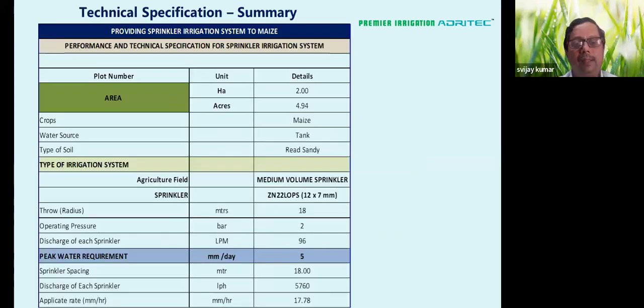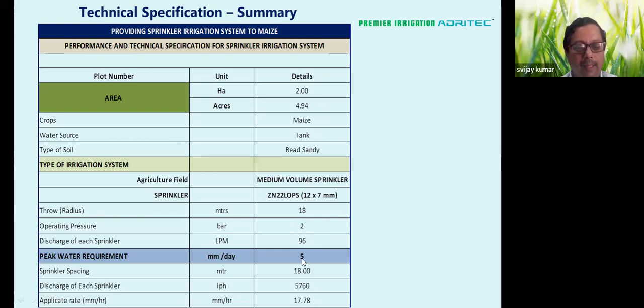To do this calculation, you need not worry. Actually, an Excel sheet is there, and every detail will be there. In the Excel sheet, you just need to punch in the data. You have the area, the area of 2 hectares. What is the crop? What is the type of soil? What is the kind of sprinkler that has been suggested? What is the throw radius? What is the operating pressure? What is the peak water requirement?